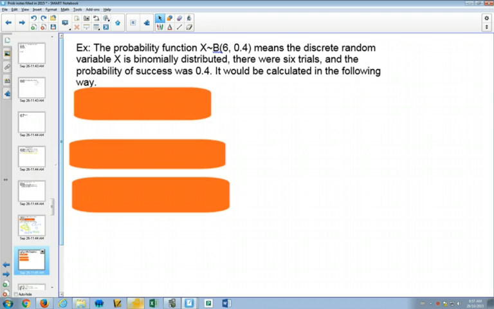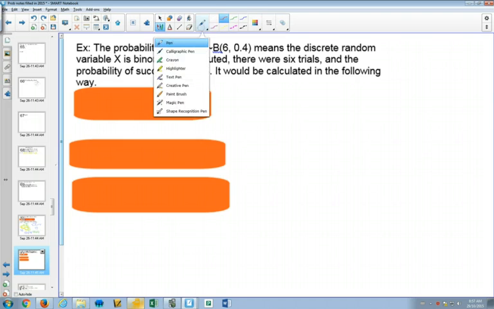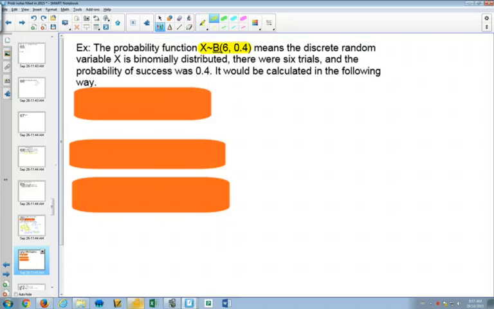We have nice ugly notation for this, so you have to get used to stuff like this. So the probability function, random variable x, it's binomial, that's what the B stands for. We have 6 trials, and the probability of success is 40%, or 0.4.